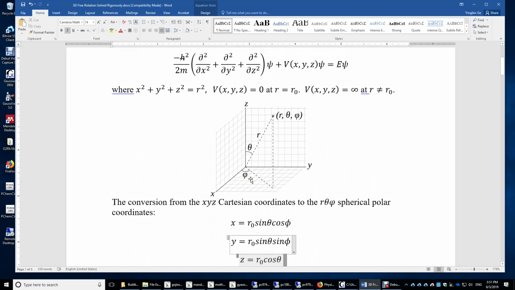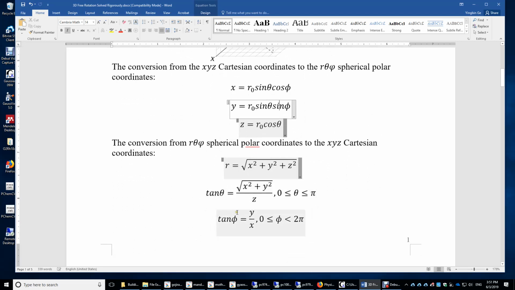So we can have this phi rotating about the z-axis 360 degrees. Phi corresponds to the longitude of Earth. And again, if we try to determine the value of phi, we need to know the signs of x and y. If both x and y are positive, phi is between 0 and 1/2 of pi.